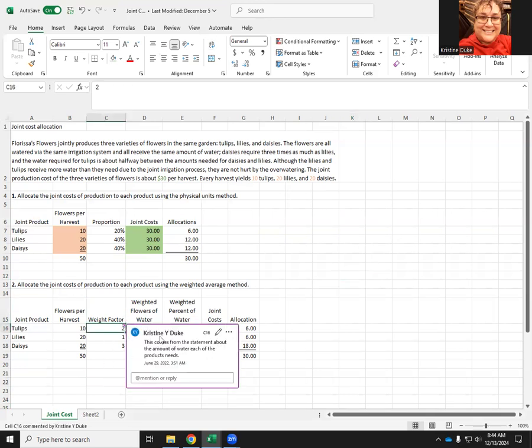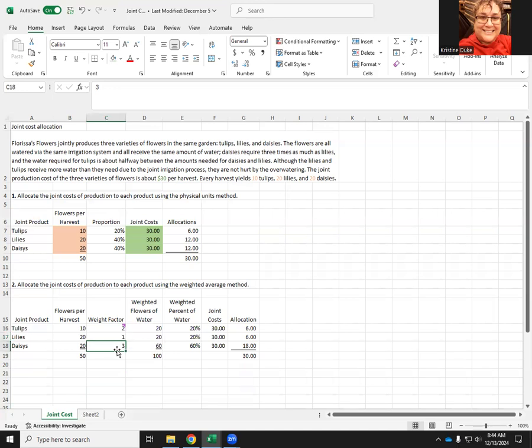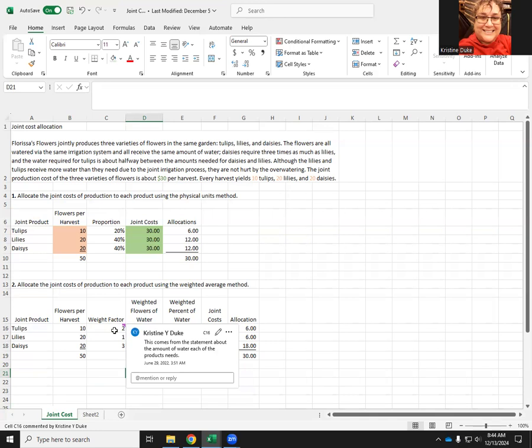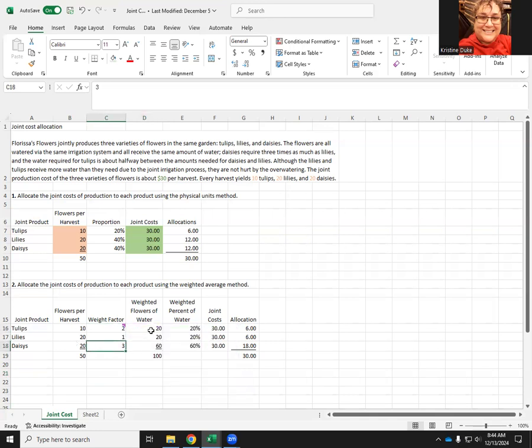This comes from the statement of the amount of water each product needs. So there's the weight factor 1 and 3. We take the quantity, multiply it by the weight factor, and we get this amount right here. That's the water weighted factor. Then we determine the percentage, and then we allocate it based on that.